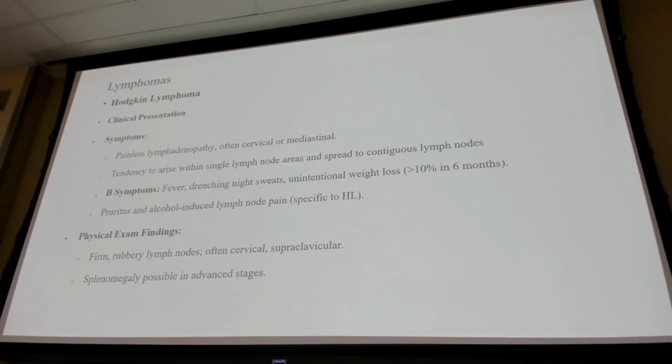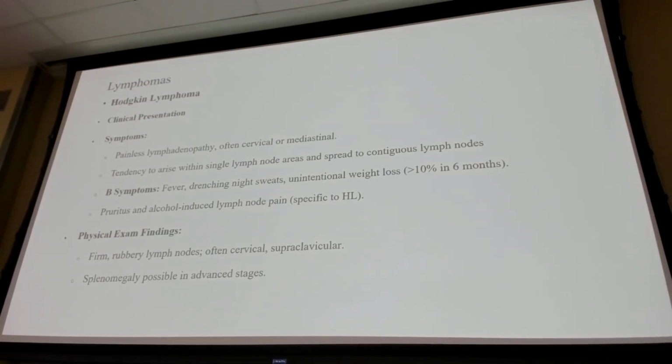Painless lymphadenopathy, often cervical, mediastinal. There's a tendency to arise with a single lymph node and then spread to a contiguous lymph node. When we say contiguous, what are we talking about? Connecting. Right, so following that chain.